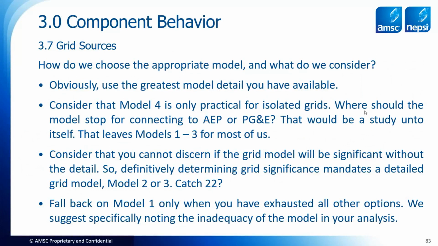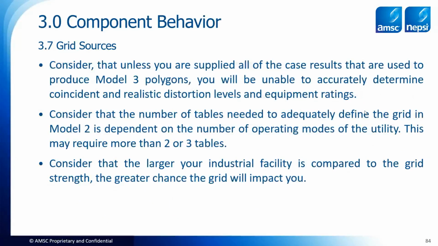Just say, hey, if there's anything going on with the grid, we don't really know how this is going to impact us inside our facility or on this particular distribution feeder that has an upstream grid connection, obviously. It's not the best model, okay? So model 2 or 3 is really where we should be spending most of our attention.